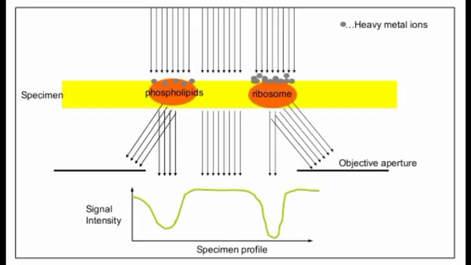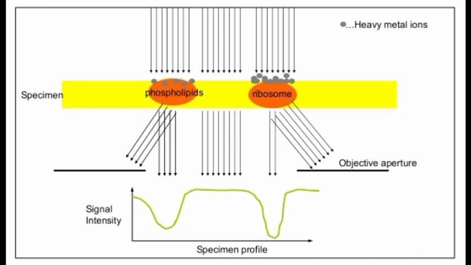Contrast formation in biological objects: a different number of heavy metal ions stick to the sample surface depending on the constituent, for example membranes or phospholipids, ribosomes, chromosomes. Many diffracted scattered electrons hit the objective aperture and do not reach the imaging device, that is, the CCD or viewing screen.